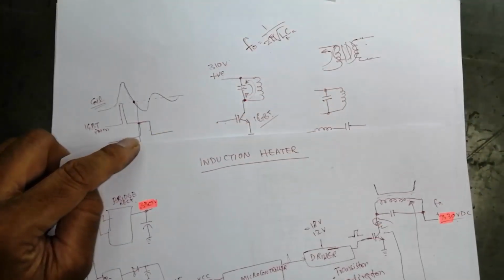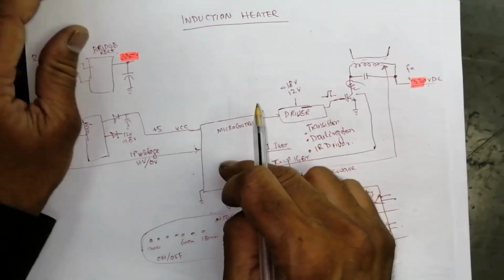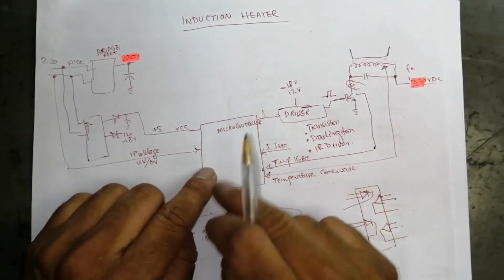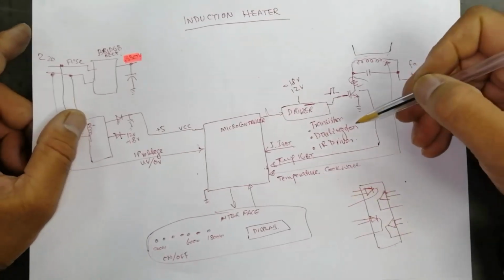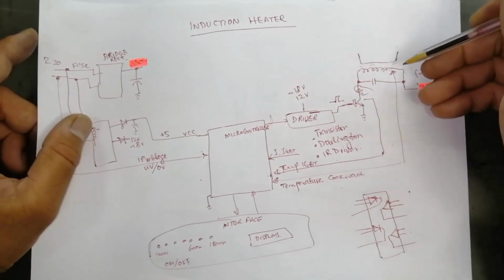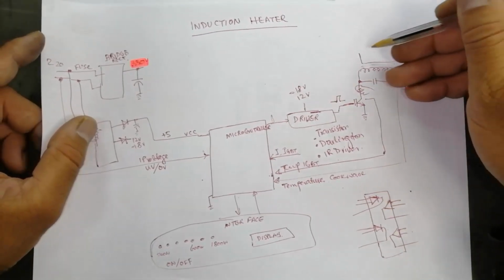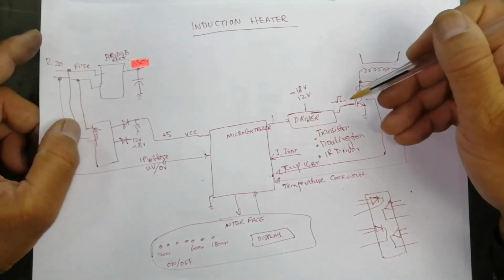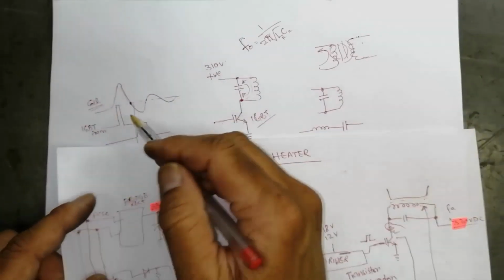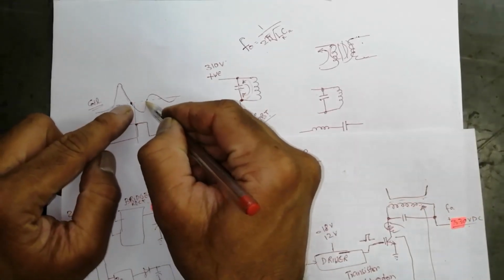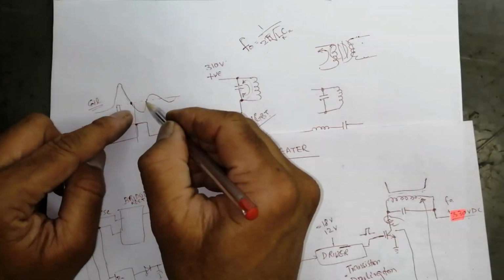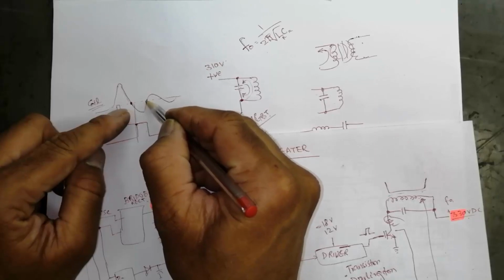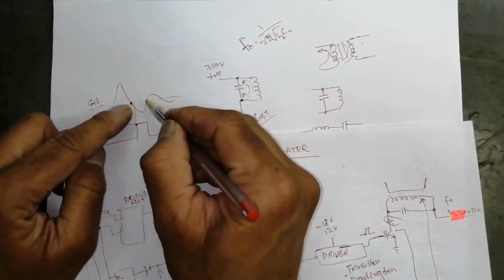These will be calculated by the microcontroller. This pulse detect circuit will determine the size of the plate, the size of the cookware. So it will adjust, and in this portion the IGBT will remain silent.